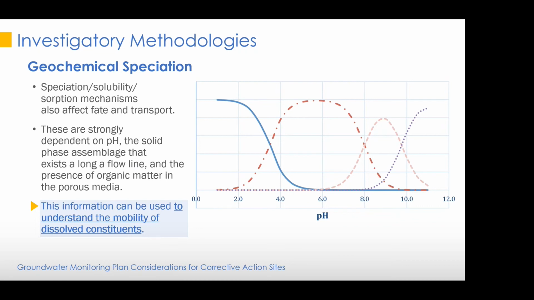These all have different solubilities and different degrees of adsorbing onto surfaces. And because the pH can be measured in the field, and you can go ahead and use a geochemical speciation code to understand what's predominant, you can also help understand the mobility of the dissolved constituents, where your groundwater has come from and where it might be going.